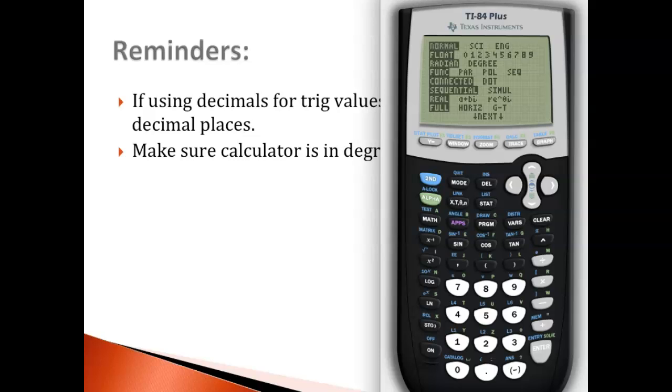You want to find the row that says radians and degrees. For some calculators, this may read DEG for degree and RAD for radian. Scroll down and make sure that degree is highlighted and hit enter. And then you're in degree mode. Generally, it will stay in degree mode until you change it again, unless you reset your calculator.